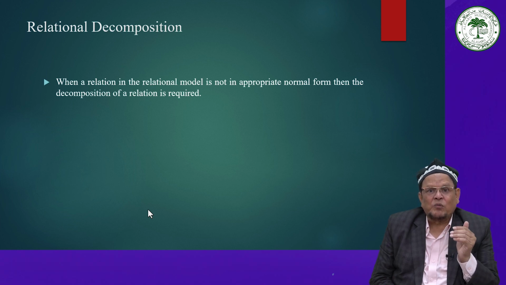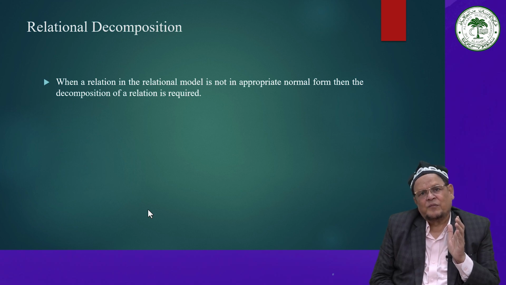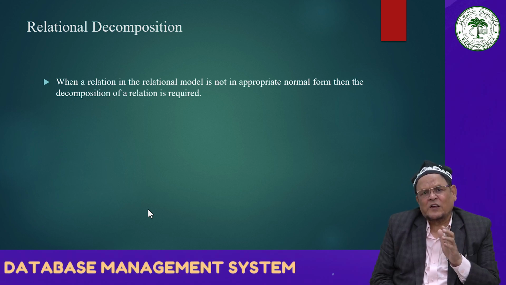Before you decompose, first of all you have to check three conditions, the three anomalies we can say. The first is update anomalies. Second is insertion anomalies. Third is deletion anomalies.